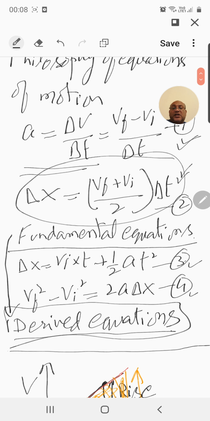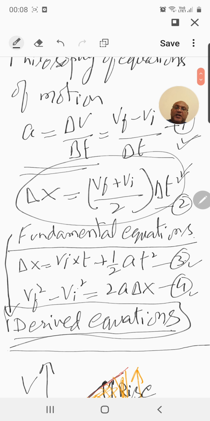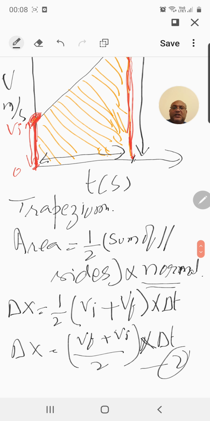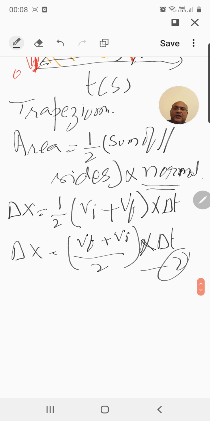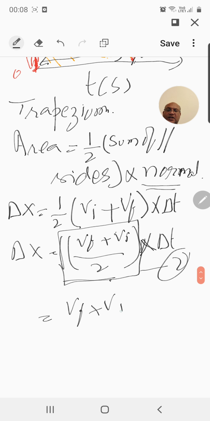I'm not going to discuss how, but you will discuss it next semester, when you will study higher advanced physics. Now this quantity, I want to discuss this a little more. This quantity, which is Vf plus Vi over 2, is called average velocity.